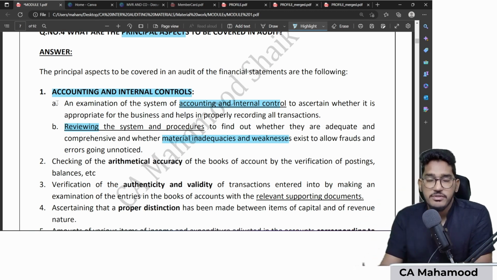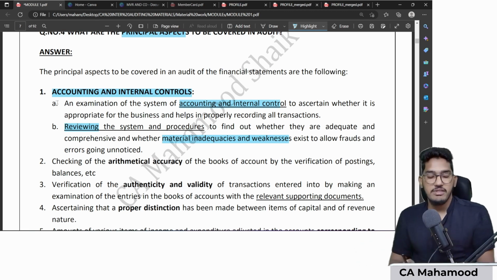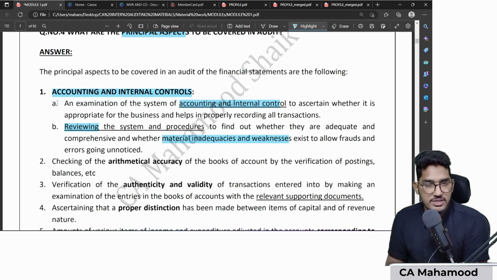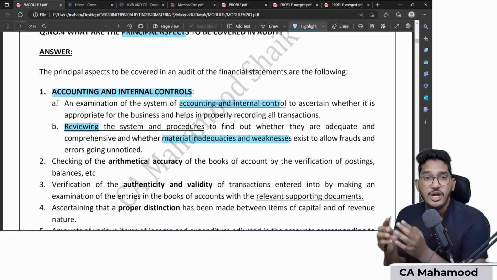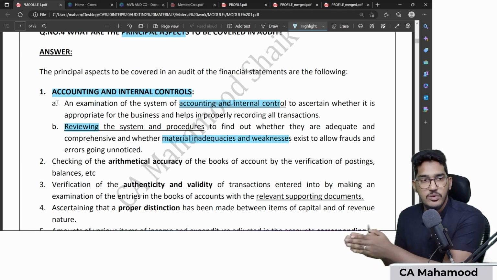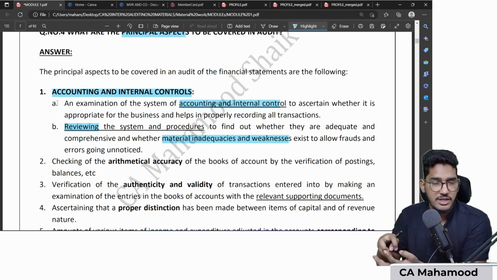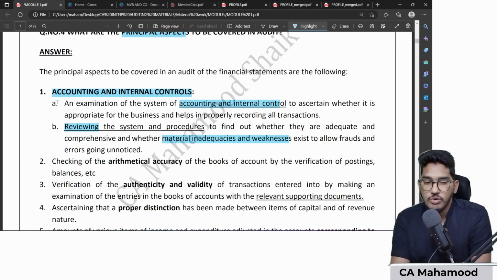Very simple points, guys. First main aspect, accounting and internal controls. I need to check whether my client has proper accounting and internal control systems. Now I need to study that accounting and internal control system in a much more in-depth manner to find out whether these internal controls are suffering from any weaknesses which create an opportunity for fraud or error to happen.